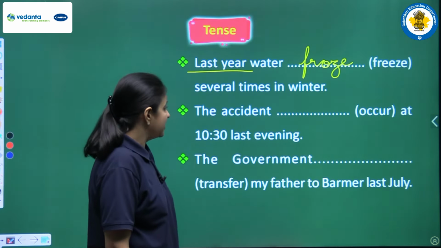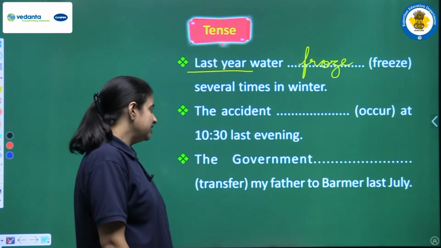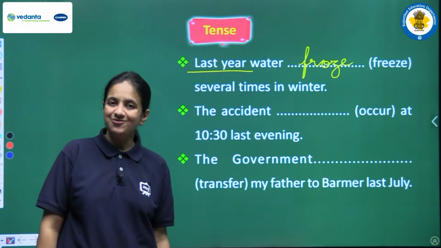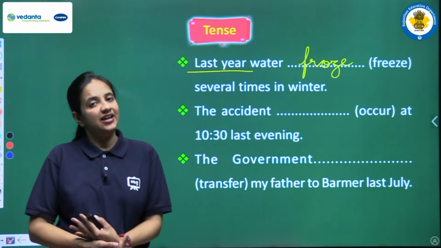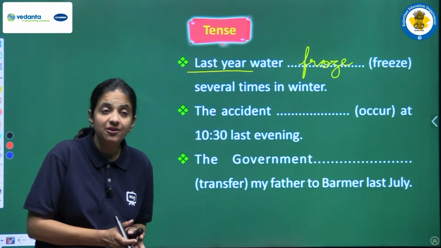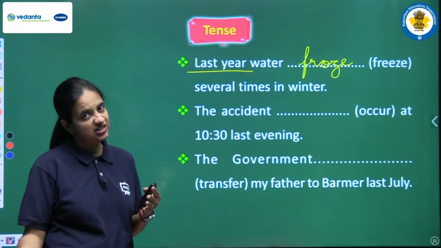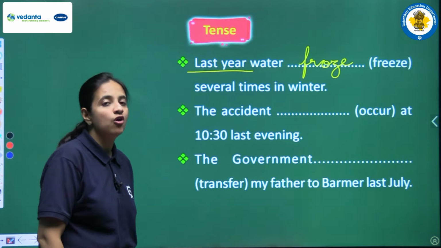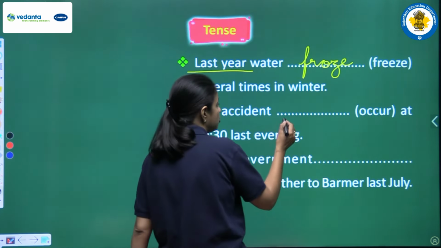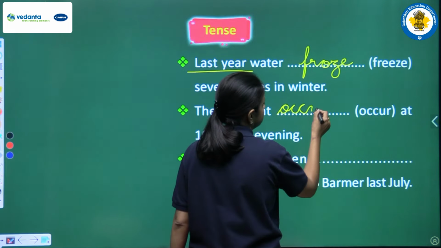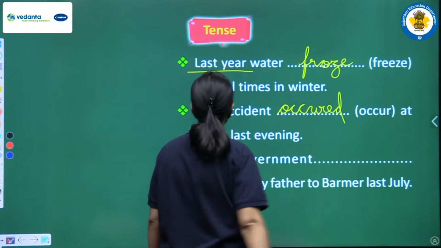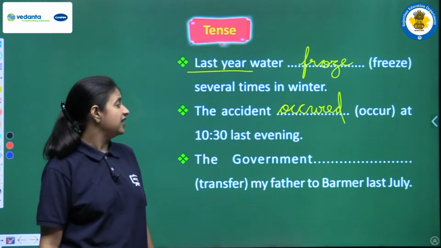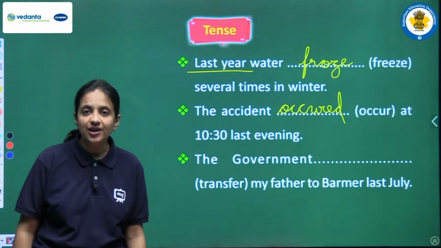Next is, the accident occurred at 10:30 last evening. So again we are talking about past time, some past event, and we have a positive sentence. So yes, we won't write did, and we have to write the second form of occur. So the second form of occur is occurred. So we will write, the accident occurred at 10:30 last evening.